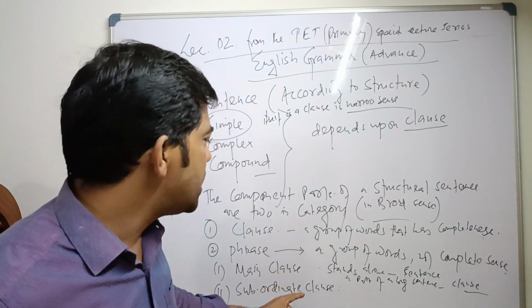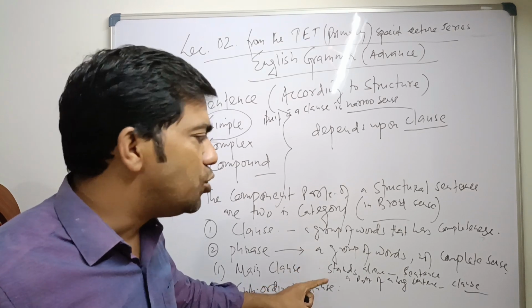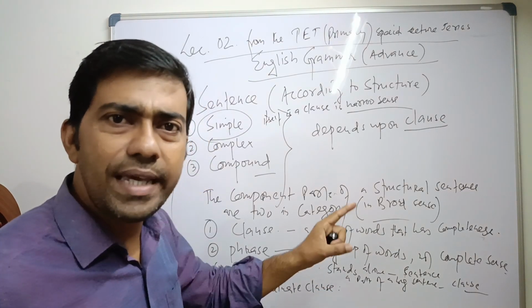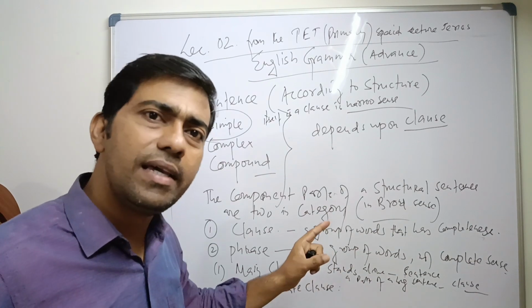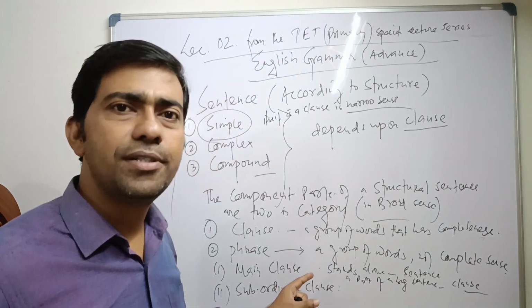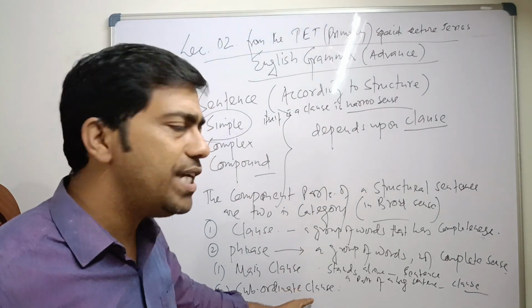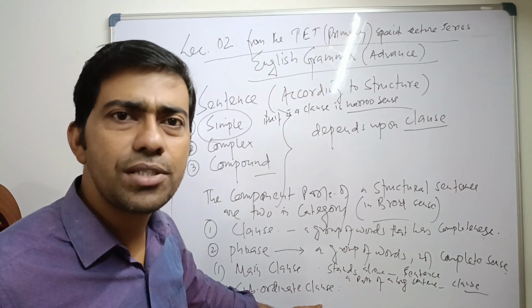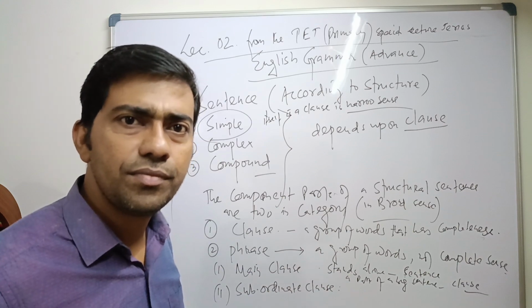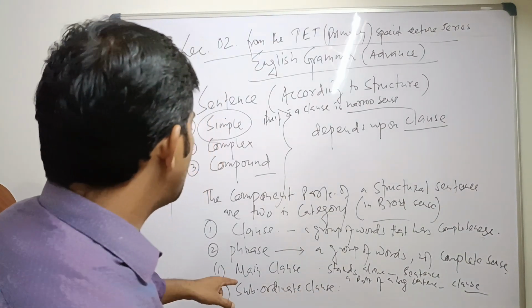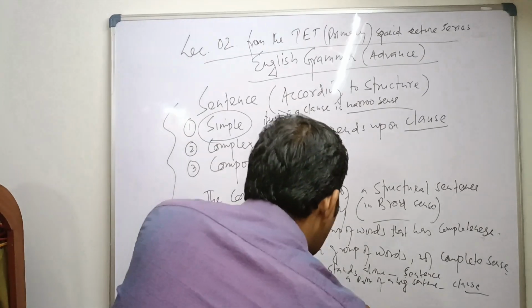Clear? Subordinate clauses are used in a sentence as per the usage of it on the basis of its classification. So what are the subordinate clause classifications?